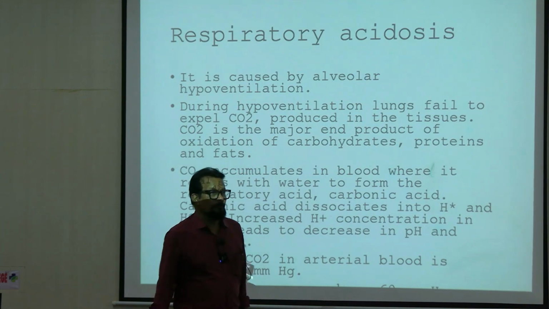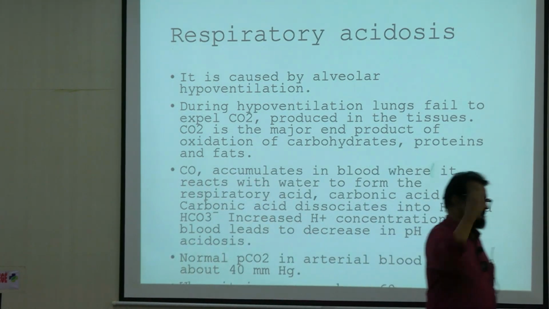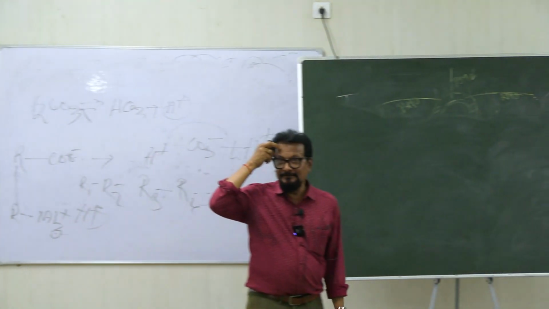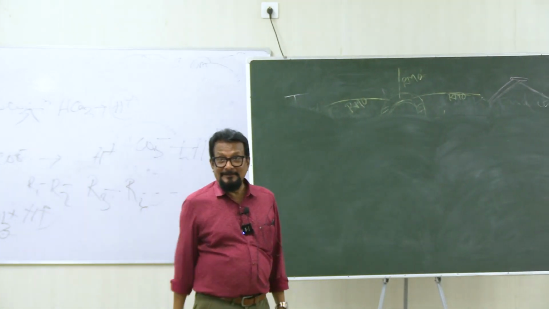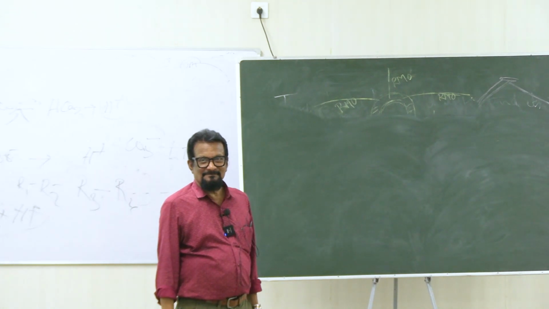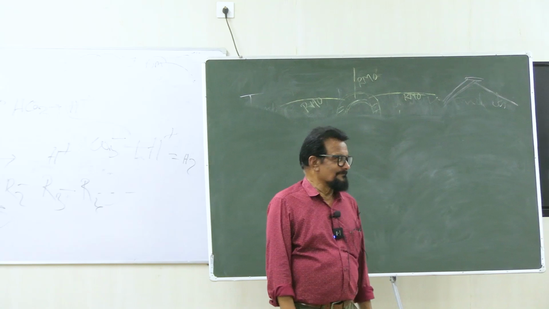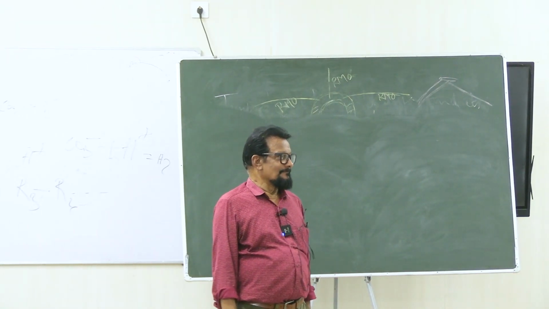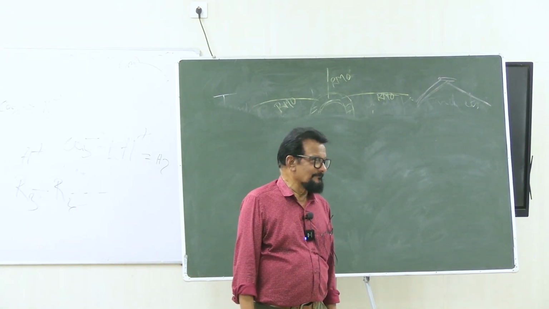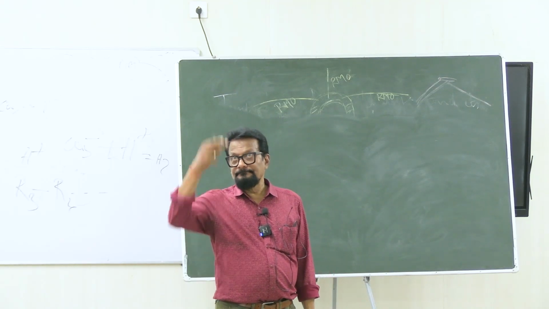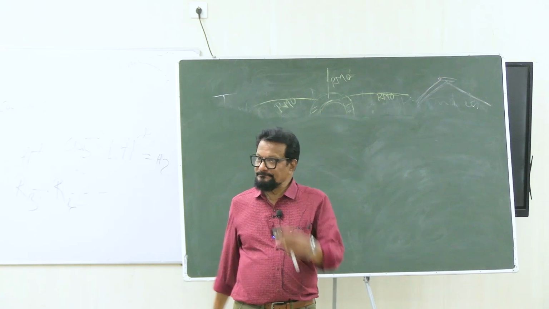Normally PCO2 in the blood, the partial pressure of carbon dioxide. What is partial pressure? What is the atmospheric pressure?